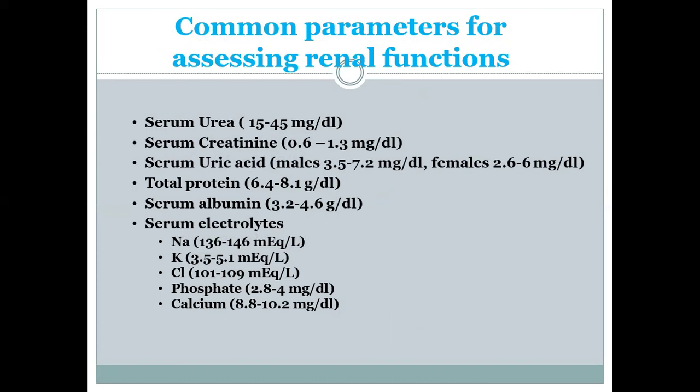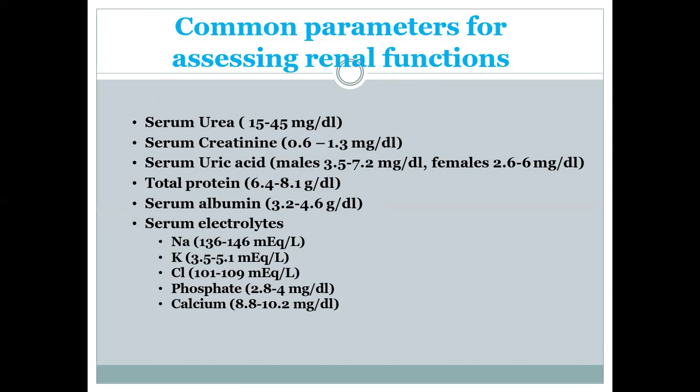Common parameters assessed in the renal function test are the serum urea, serum creatinine, serum uric acid, total plasma proteins, serum albumin, and serum electrolytes, that is sodium, potassium, chloride, phosphate, and calcium. Normal serum urea level is between 15 to 45 milligrams per deciliter.